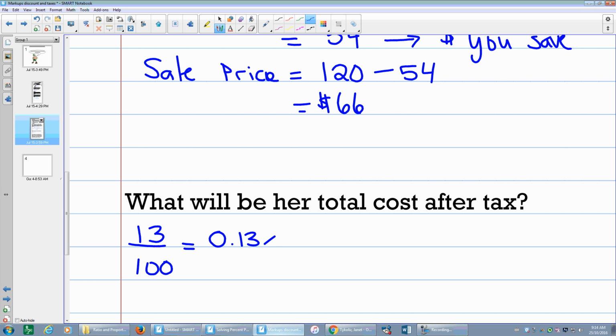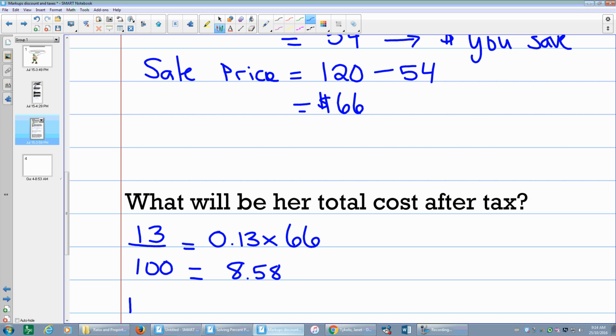And I'm going to multiply this by not the regular price, because I'm not paying the regular price, but I'm paying the sale price. So I'm going to put the sale price here, 13% times 0.66. I'll give you a moment to put that into your calculator. And you should get $8.58. So that's how much sales tax I'm paying.